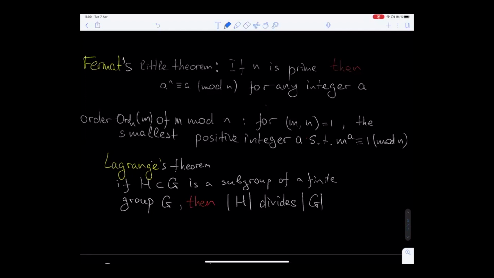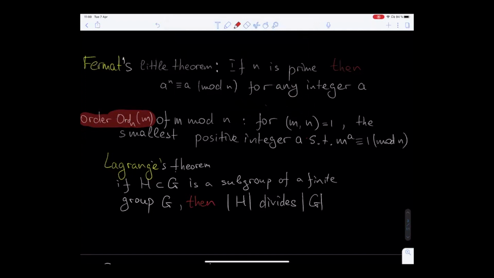And from here, motivated by this kind of result, we can define an order of an element. I was also vaguely referring to it above. The order of m modulo n we define only for m's that are relatively prime with n.